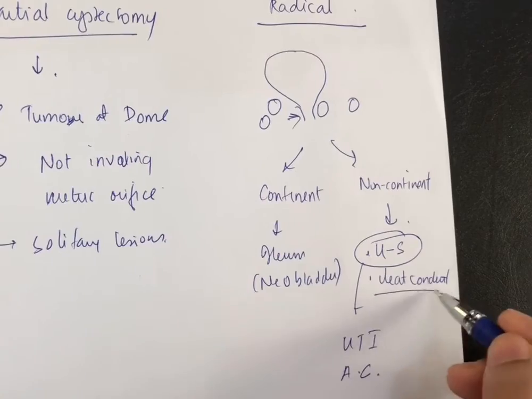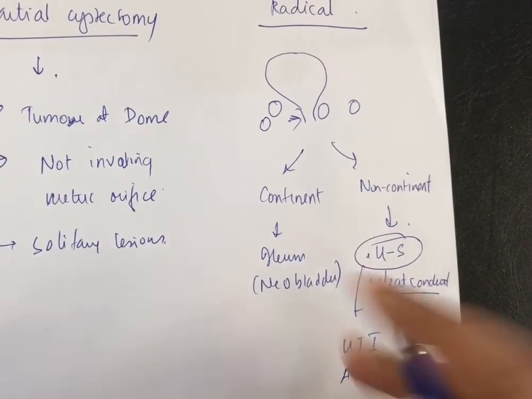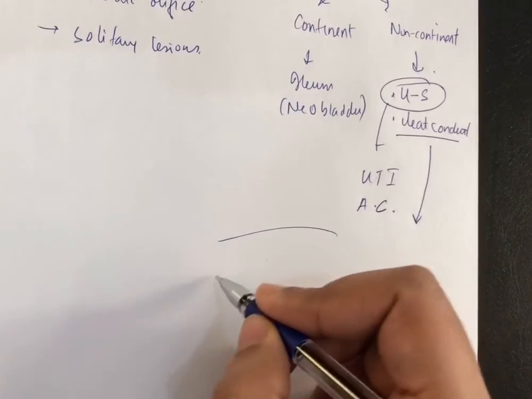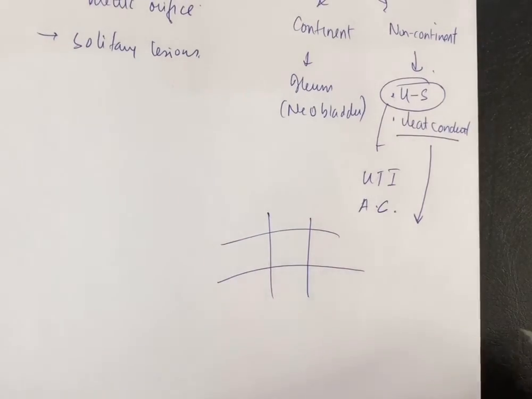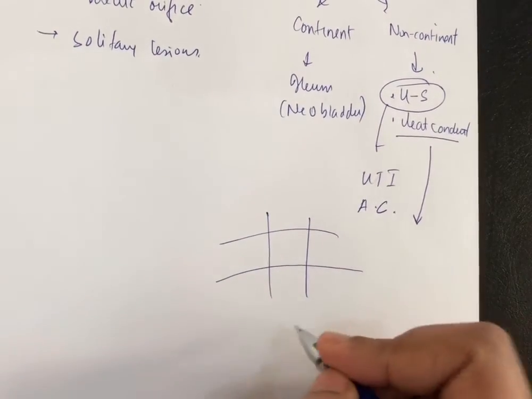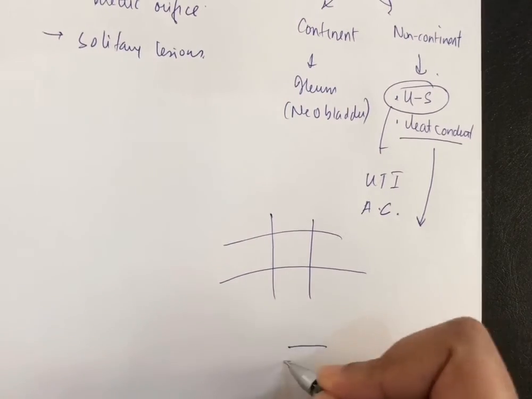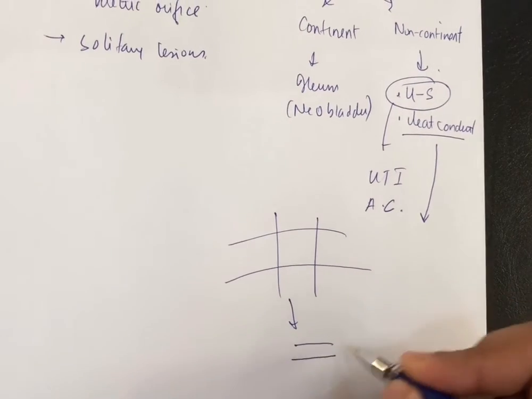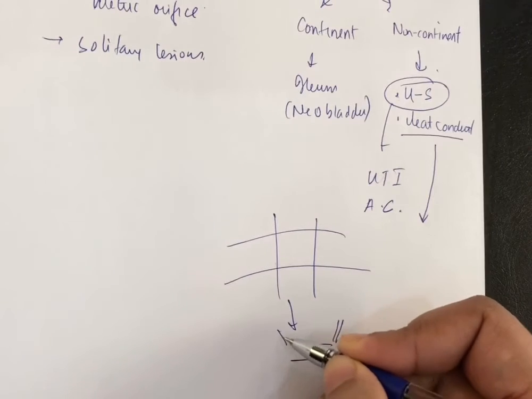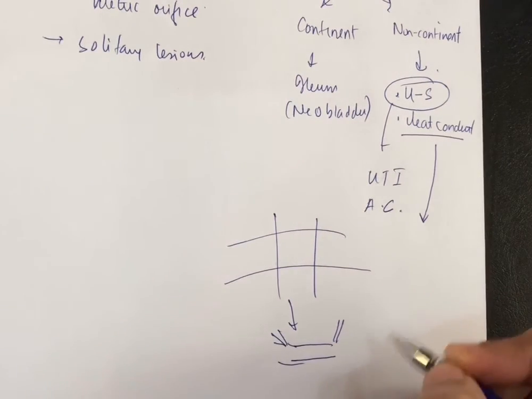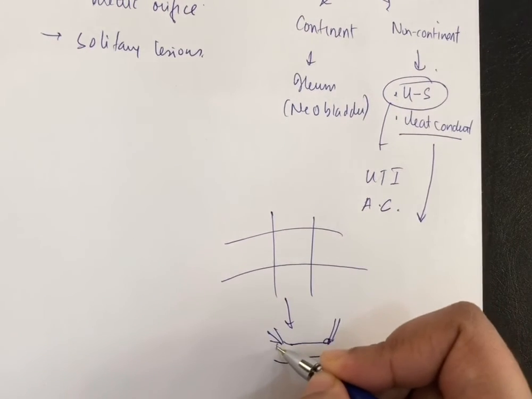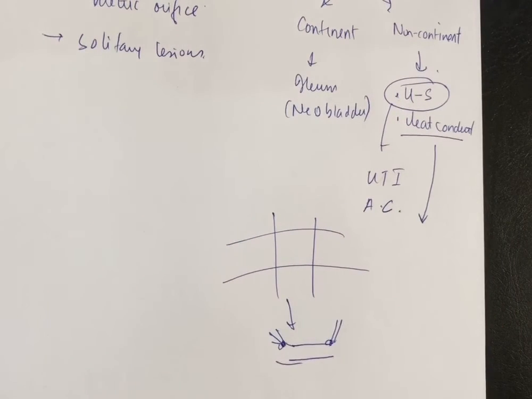And this ileal conduit is the most common. Suppose this is the ileum, you take this part of the ileum and combine the ureter. What can happen over here is a stricture at the site of anastomosis.